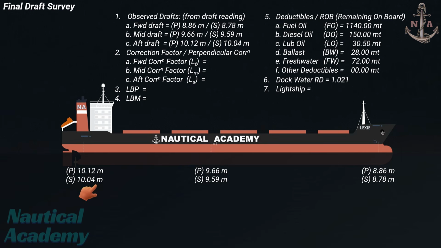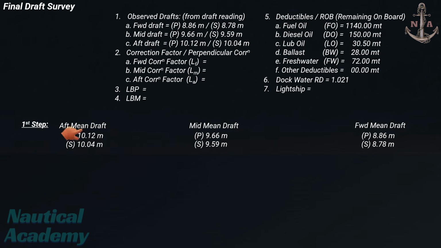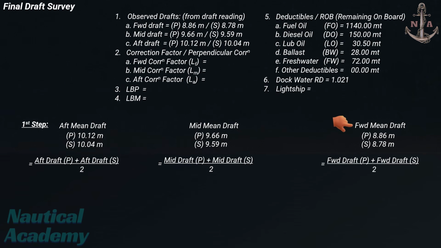If we observe closely, the port drafts are slightly greater than the starboard drafts, indicating that the ship is slightly listing to port. Our first step is to determine the mean drafts forward, midships, and aft. To do this, simply add the port and starboard drafts, then divide by 2.